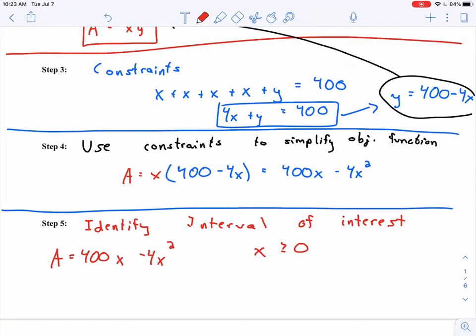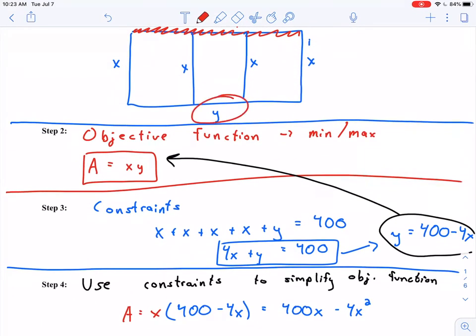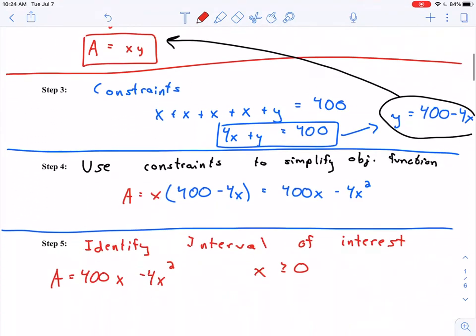The other one, I'm going to look at my other dimension here. Remember, y is also a side length. So y has to be greater than or equal to 0 as well. But this isn't very helpful because I have x, I have y. I really would just prefer something in terms of x.